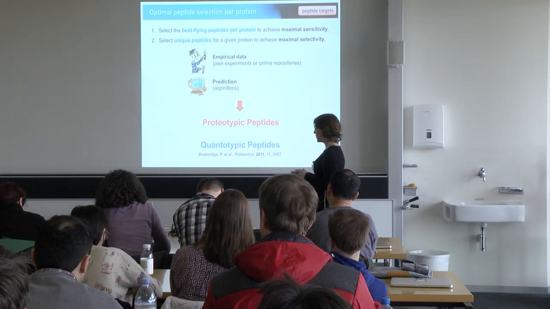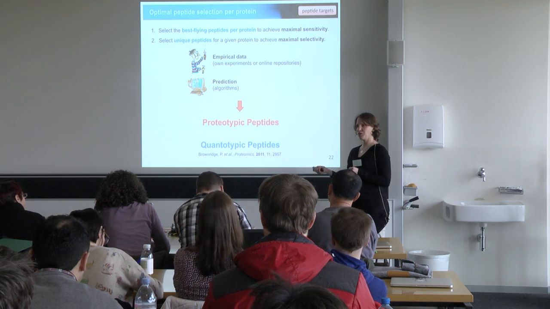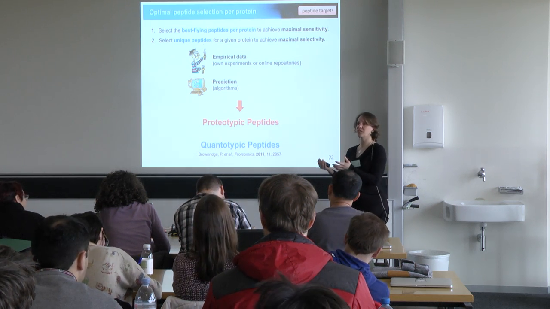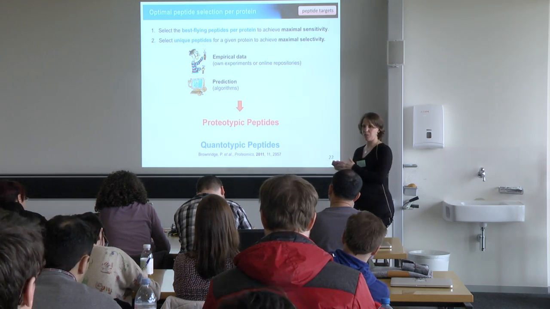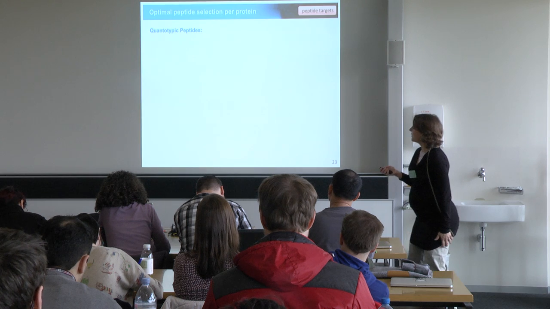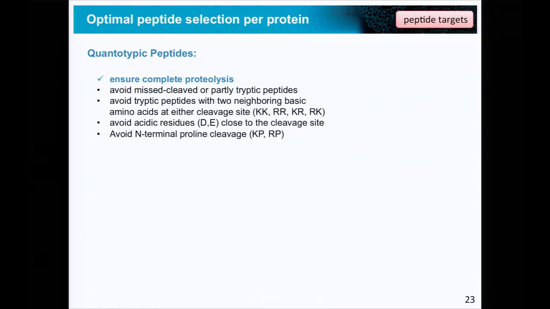So every quantotypic peptide is also a proteotypic peptide, but a quantotypic peptide fulfills some additional criteria that make it optimally suited for protein quantification. These additional criteria I tried to list here and to very quickly go through them. One additional criterion is that it should be completely cleaved during digestion from the mother protein.